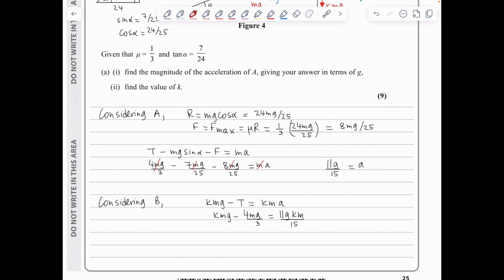We now notice that mg is a common factor, so I will cancel this out. This leads to k minus 4 over 3 is equal to 11k over 15. I will be multiplying throughout by 15 to get that 15k minus 20 is equal to 11k. We get that 4k is equal to 20, and therefore k is equal to 5.